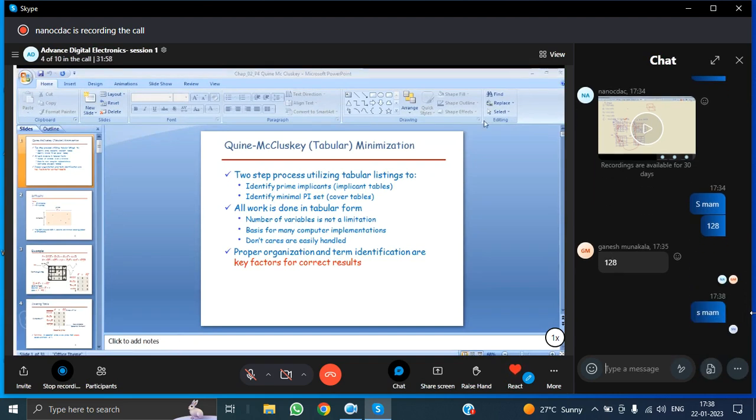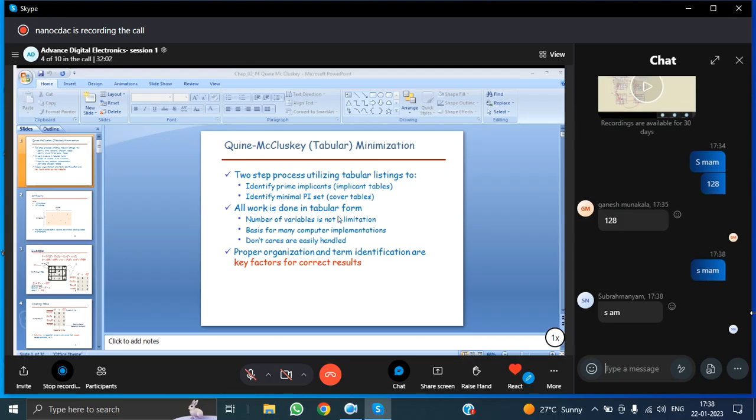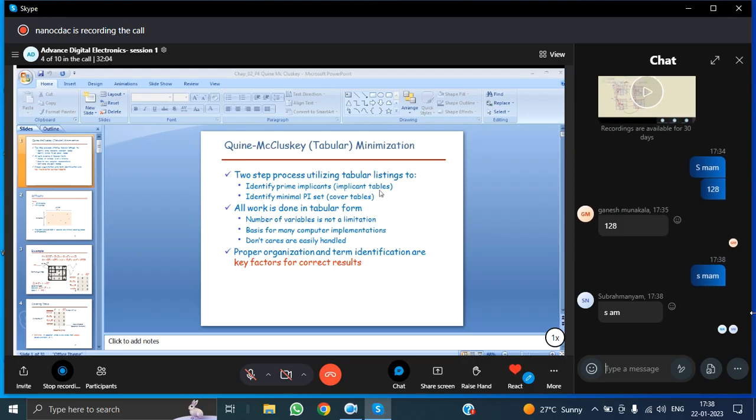Okay. So this is called tabular minimization. It is a two-step process. First, the intention is identifying the prime implicants.